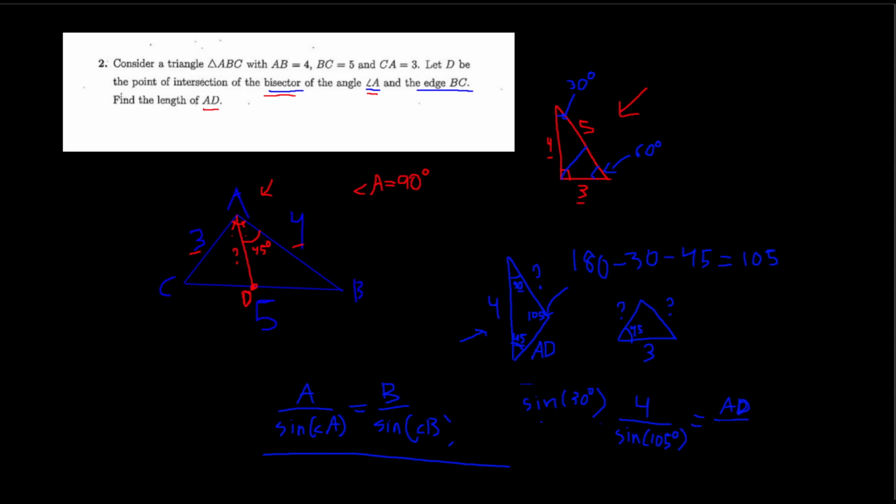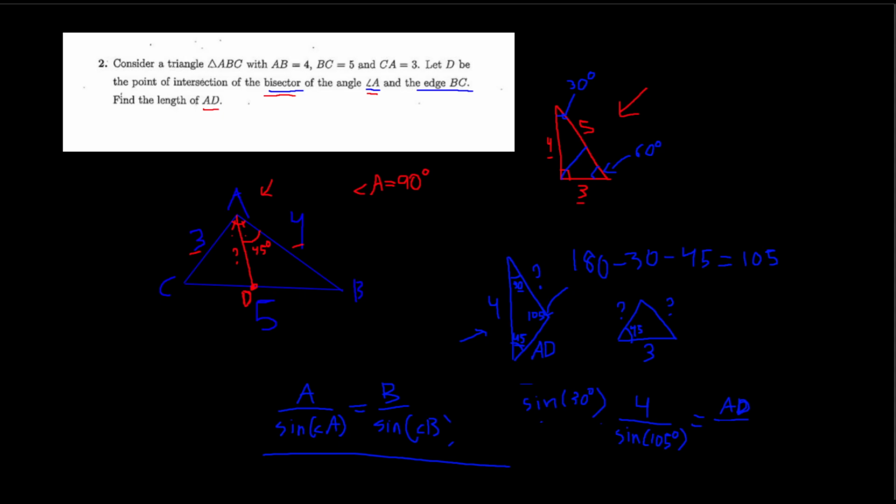So let's use our calculator. Let me plug that in. First we need to make sure we're in degree mode. I'm in my calculator right now. You can't see this, but I'm going to change my mode to degree.